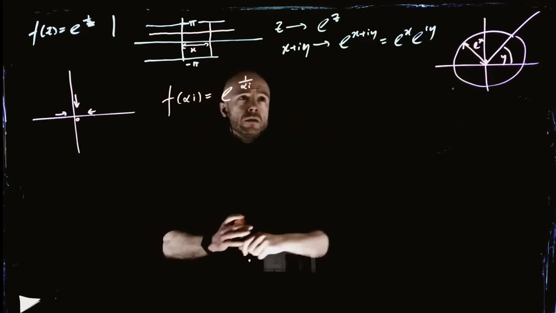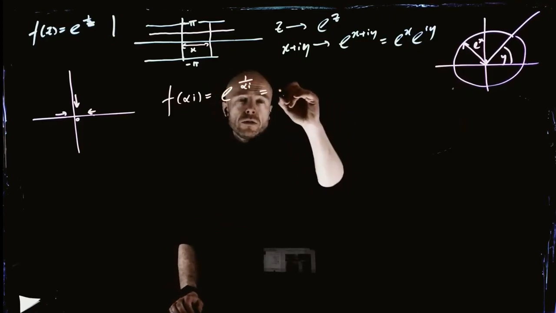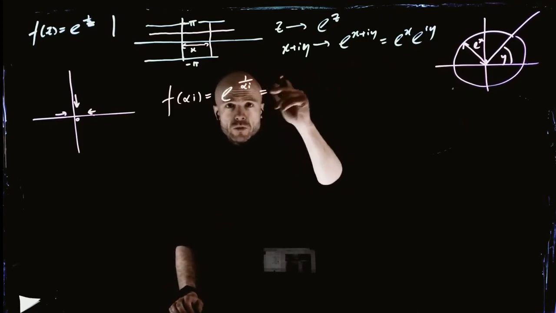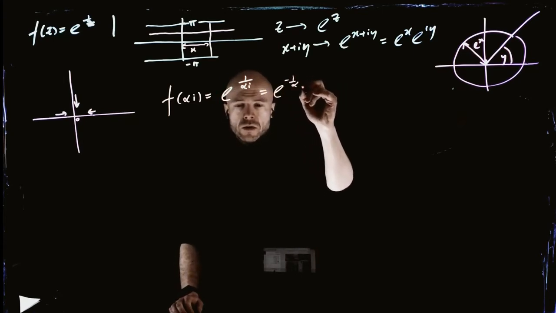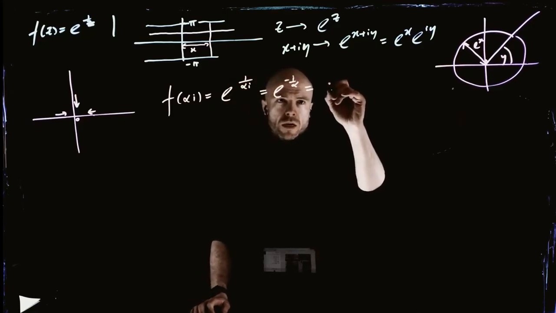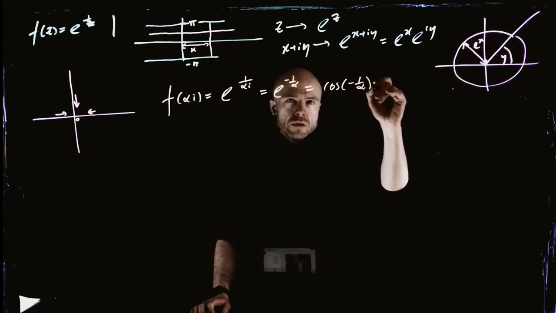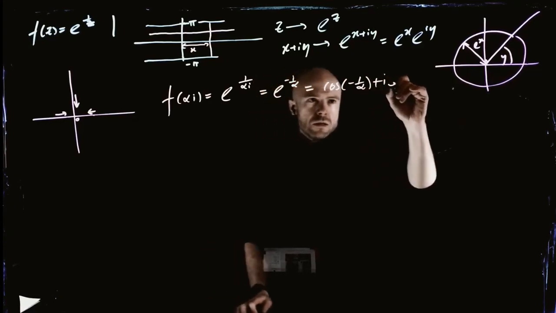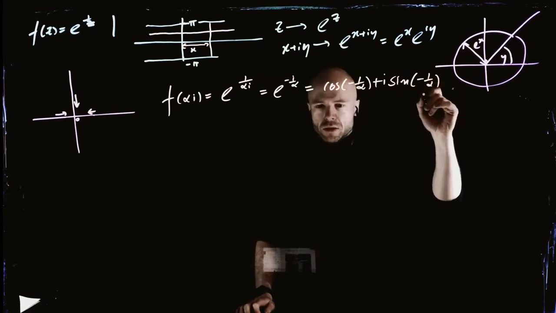And what is this? That is just something of radius 1, so that's the same as e to the minus i over alpha, like this. And that is the same as cosine of minus 1 over alpha plus i sine of minus 1 over alpha, like this.